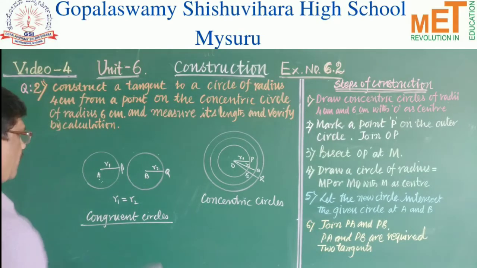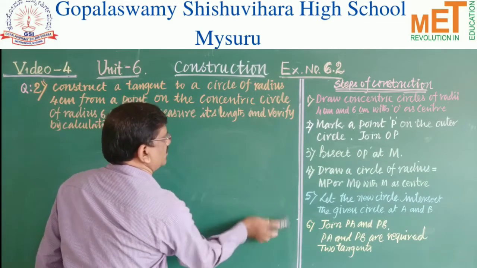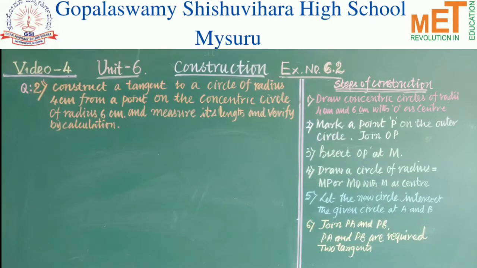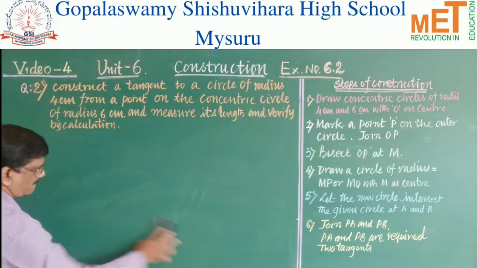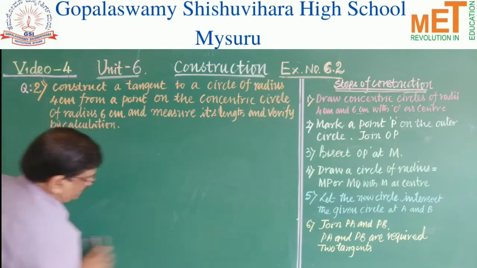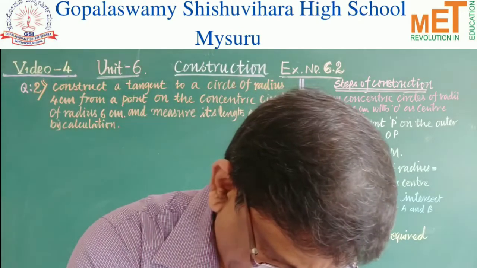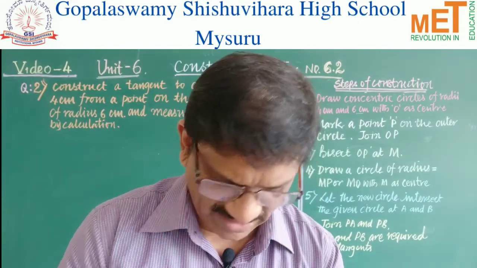Now let us see. What is the first step? Draw a circle of radius 4 centimeter. First, I am going to draw a circle of radius 4 centimeter.